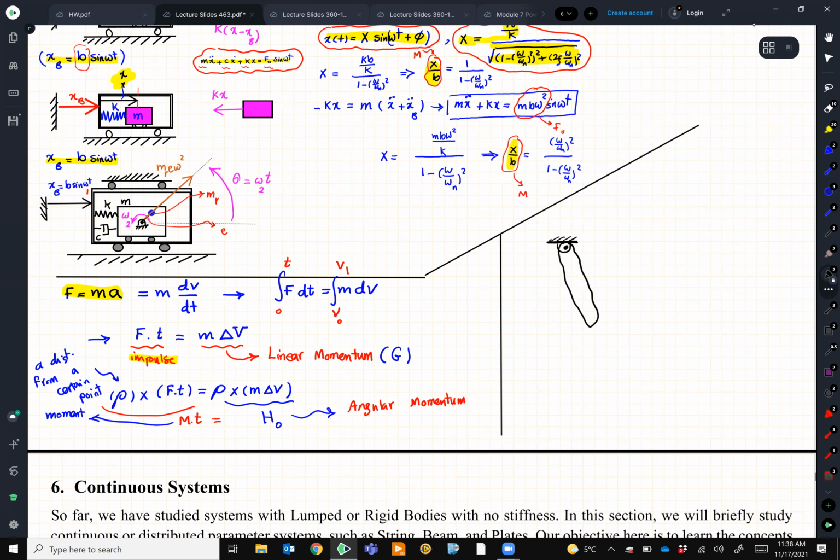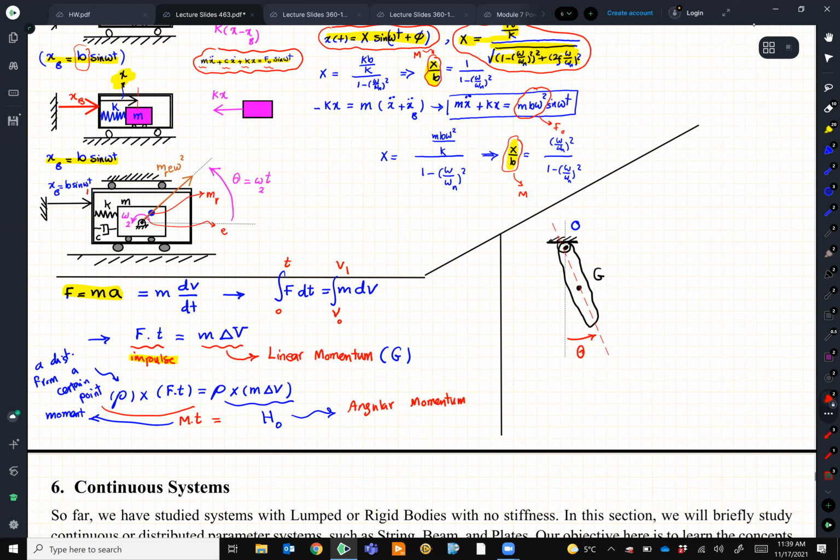So let's say I have a pendulum, center of gravity G. This is point O. And this is theta.